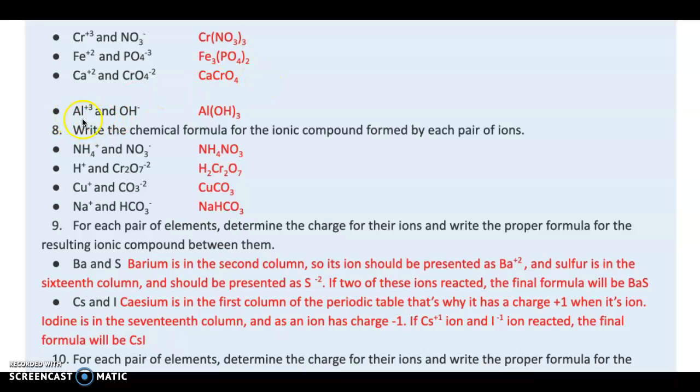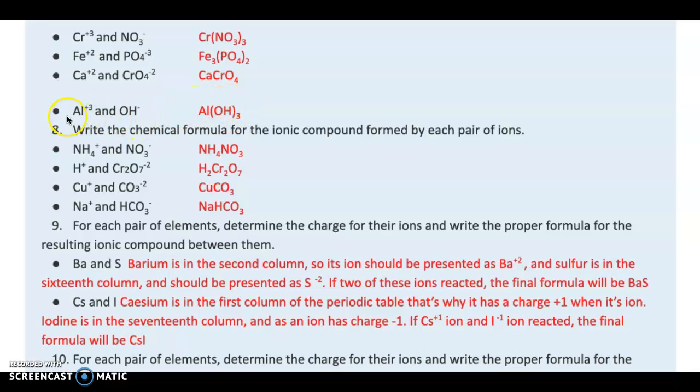The next example is between aluminum that has a charge +3. It's a metal, therefore its cation has a charge +3. And this is something called hydroxide. This is an anion and it has a charge -1. So when aluminum reacts with hydroxide, OH, it loses its 3 electrons, it donates them to OH.